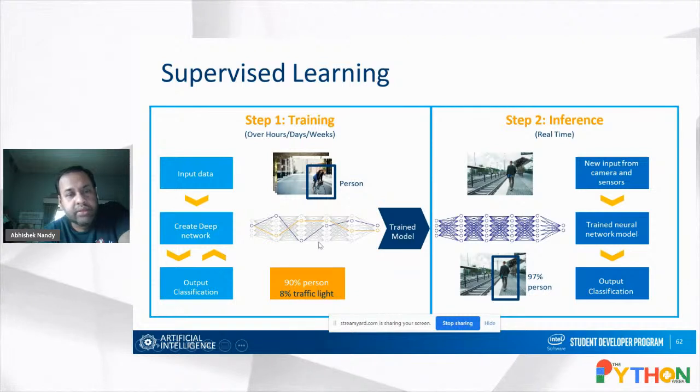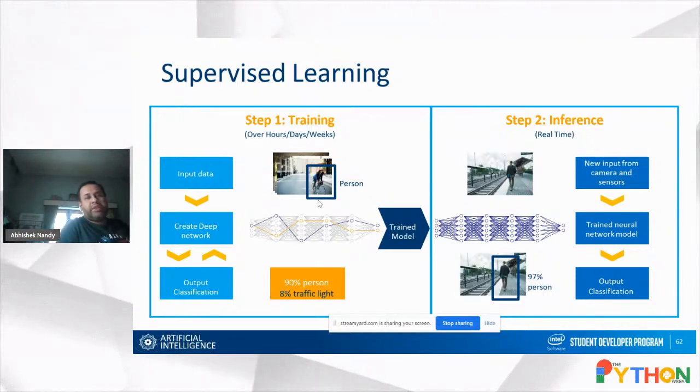The information stored in the nodes of neural networks carries a lot of proper information that can be worked upon and used for the identification process. From this neural network it was able to find out 90% of this particular box that is being created is a person, and 8% would be a traffic light.